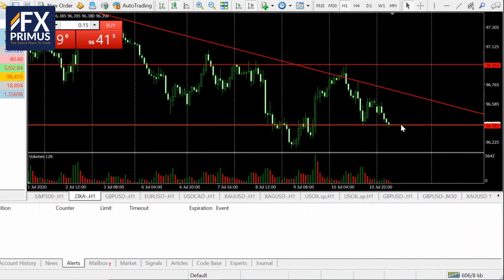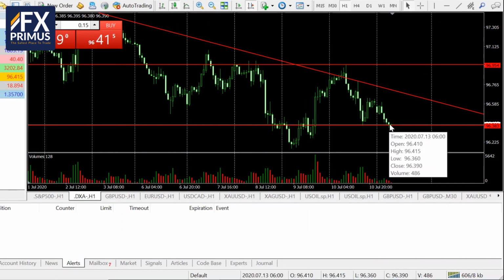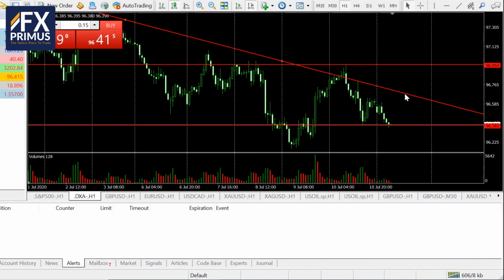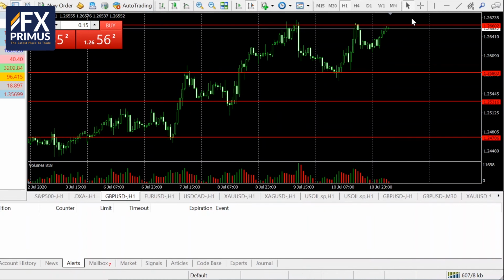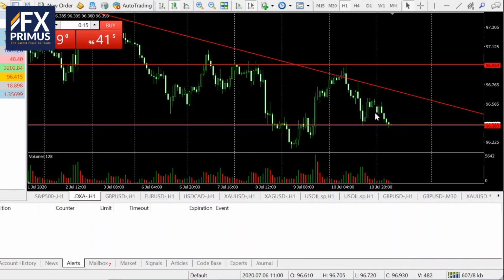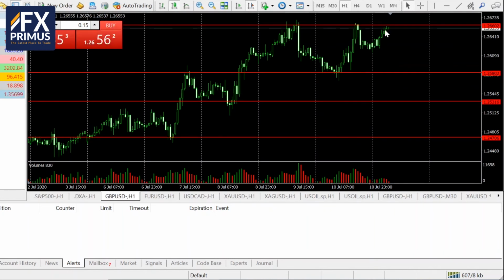For the US dollar at the moment, although the sentiment was bearish for the last 2 days, currently it is looking like it's trying to find some support at these levels, and it could bounce back up to test this dynamic trend line later today. Same goes for the UK pound. If the US dollar manages to bounce back up to test this dynamic trend line, we should see the UK pound testing this resistance and then may go back down.